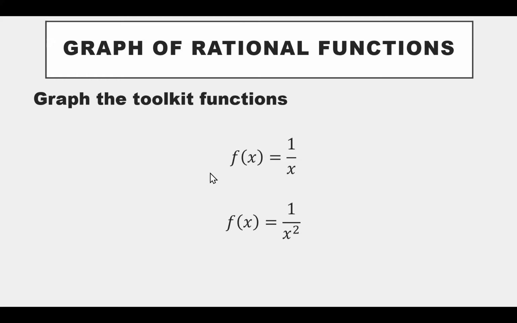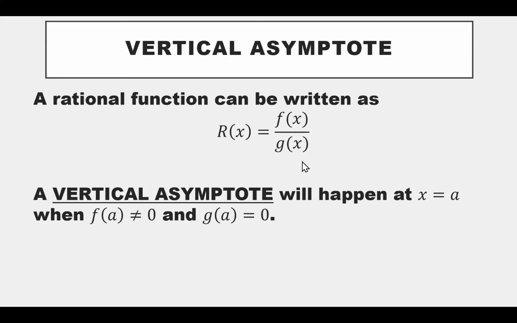Notice that when we plug in an x value of 0, we get 1 divided by 0 in both instances. So this tells me something about where the vertical asymptotes of rational functions are going to be. They're going to be at values of x where the denominator is 0 and where the numerator is not 0.